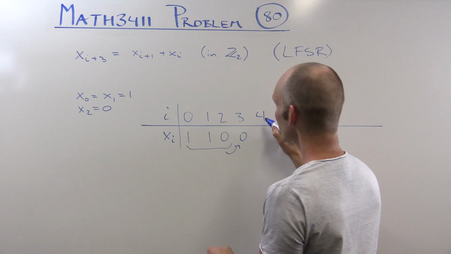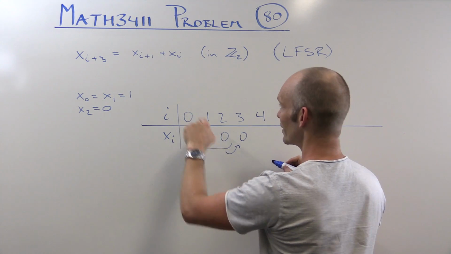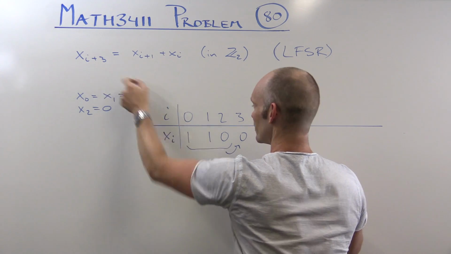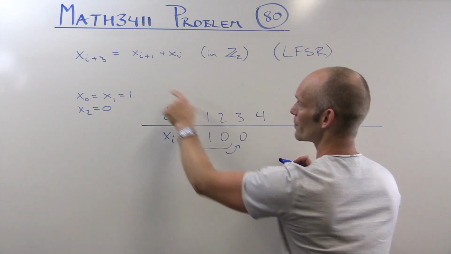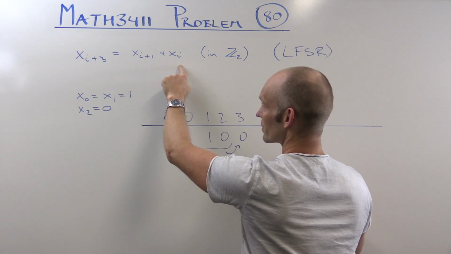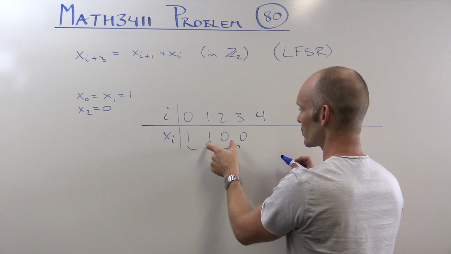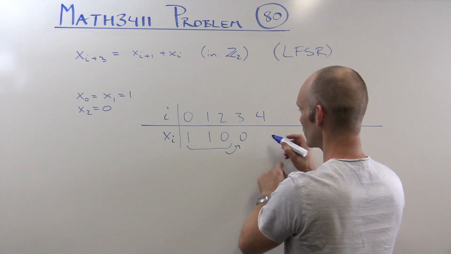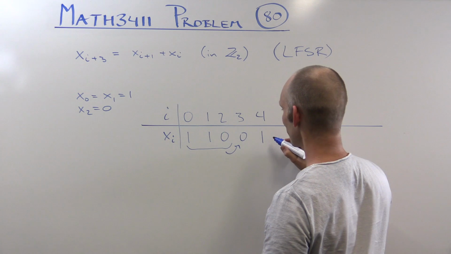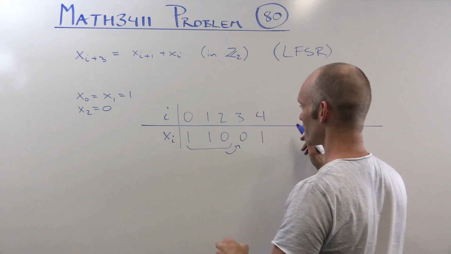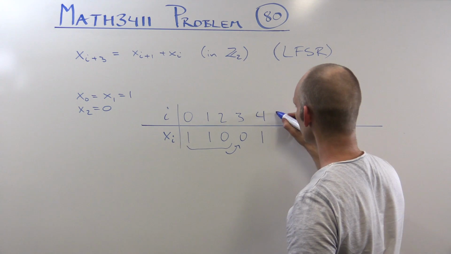Now for the fourth term, we have to again take this term here and then go 3 steps back and 2 steps back. So we're looking at these two terms, add them together and you get 1, and so forth and so on. So let's continue.